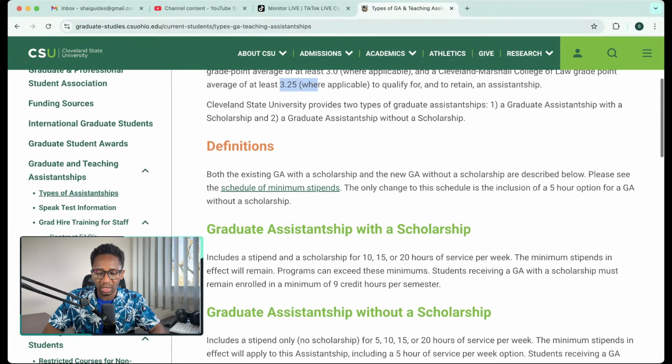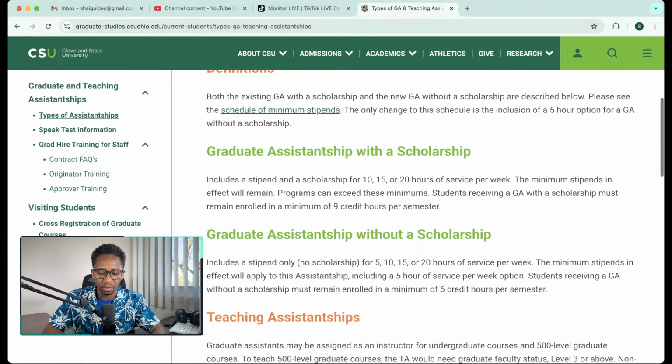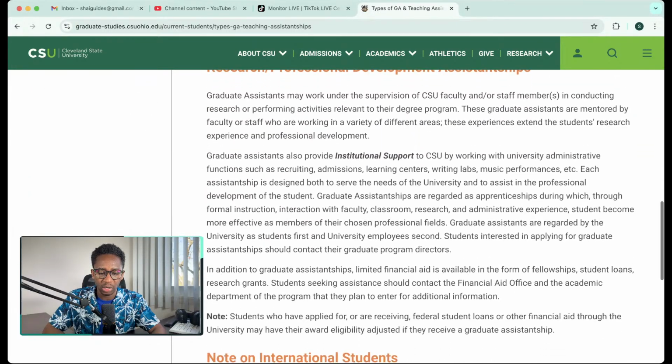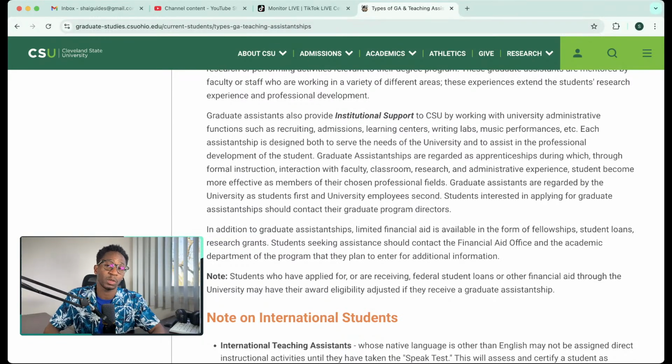So the thing is that if you have a low GPA, like I always say, let's say you have a GPA of 2.75, and then you can get admission, right? If you want to get funding, you have to do more. You have to take the SAT. Sorry, you have to take the GRE. That's what I would suggest. If you take the GRE and you do well, it gives you a better chance, right?